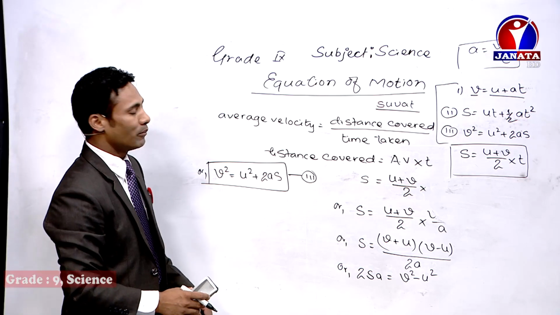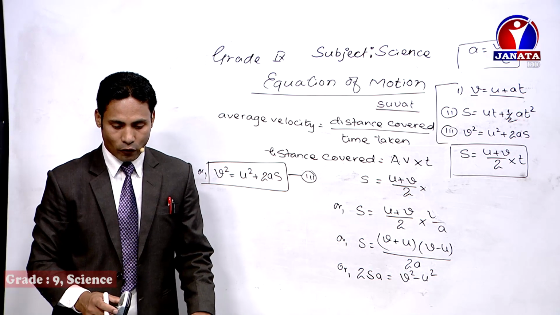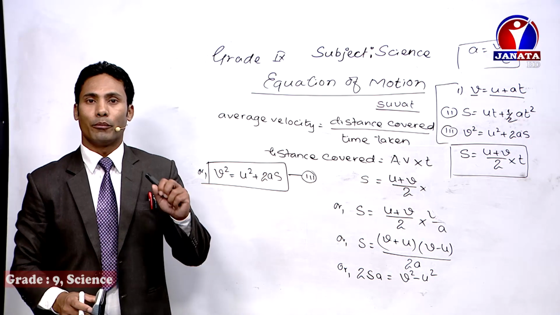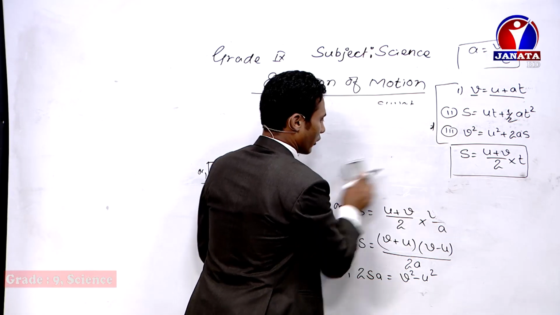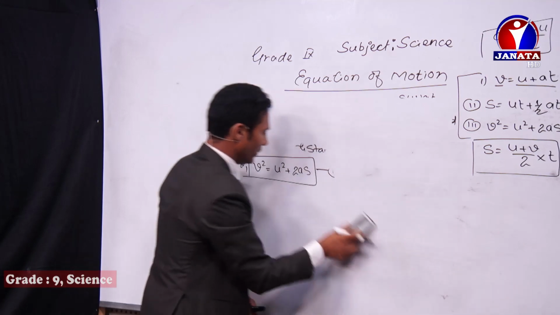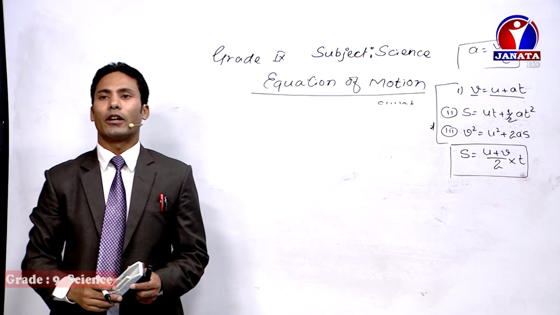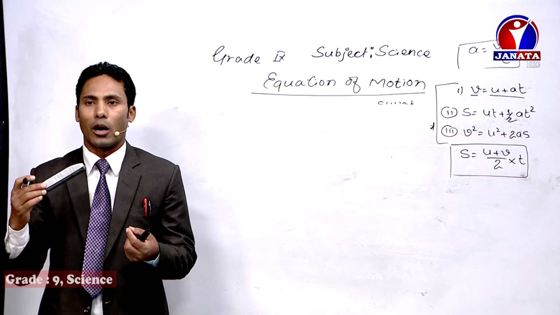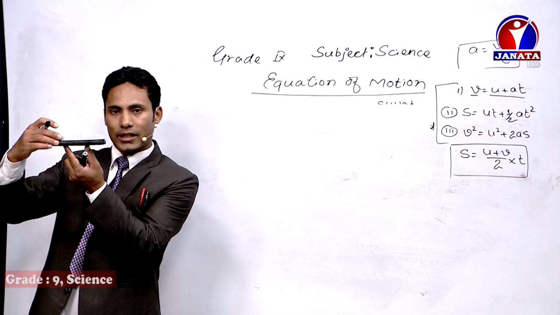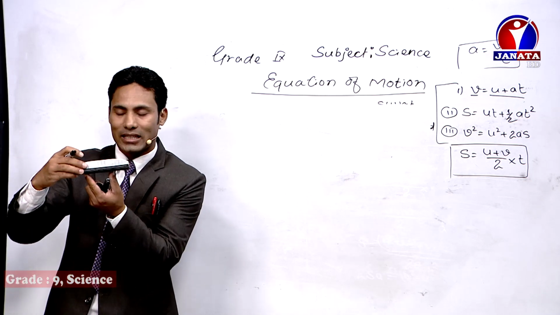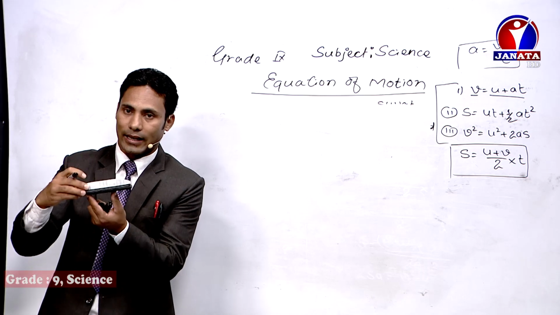Now there are some numerical problems related to this. Before starting these numerical problems, there are some points that we need to remember. If the vehicle or object starts from rest, suppose this object is initially at rest, it means its initial velocity is 0 meter per second.